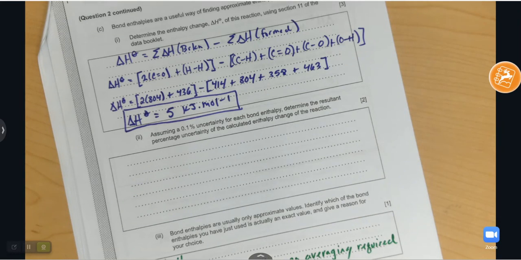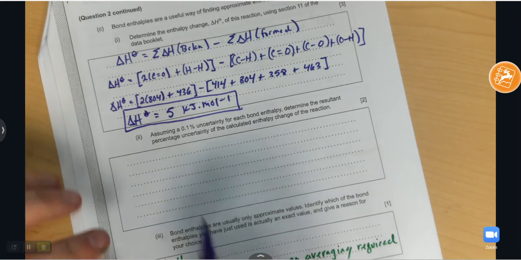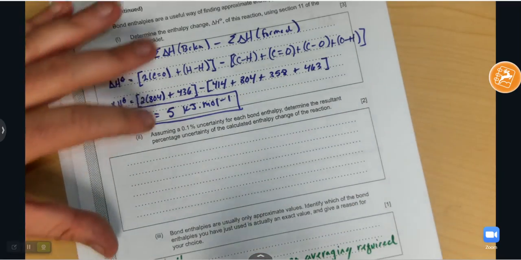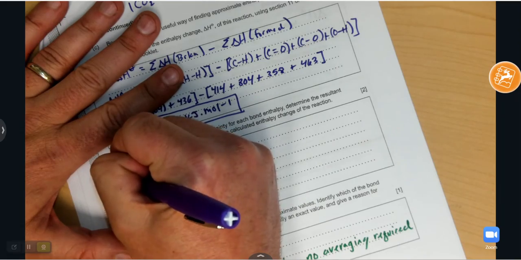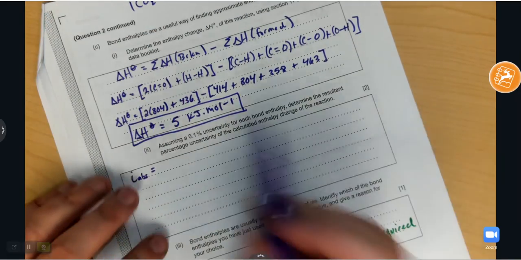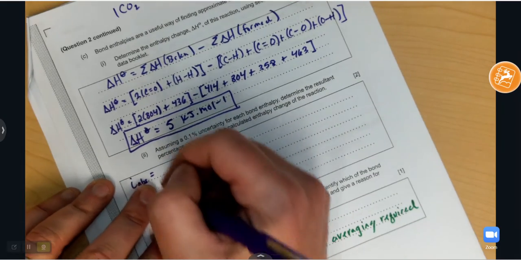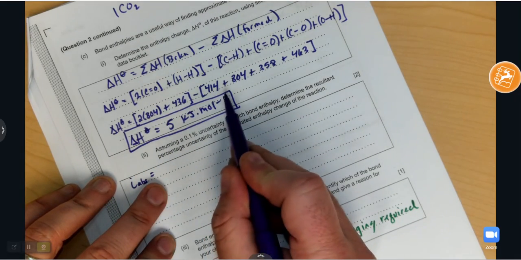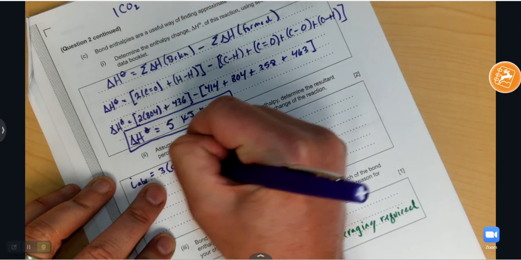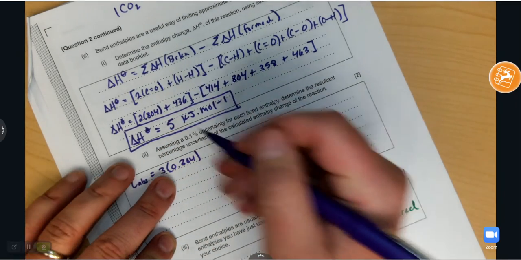So if it's 0.1% for each, that means the uncertainty is just 0.1. So all we got to do to get the absolute uncertainty is add the uncertainties of all the values we used. So there's 3 total 804s. So that would be 3 times 0.804.